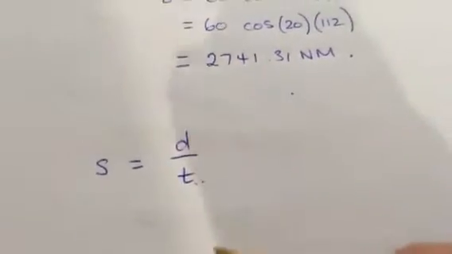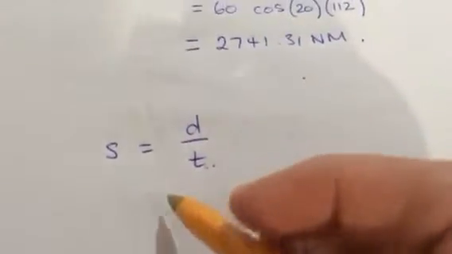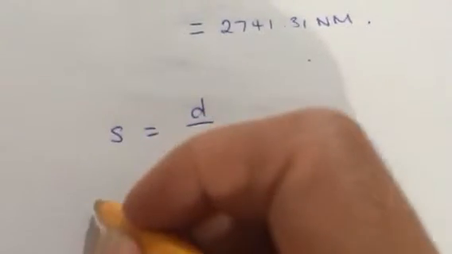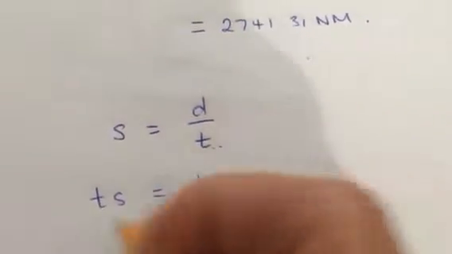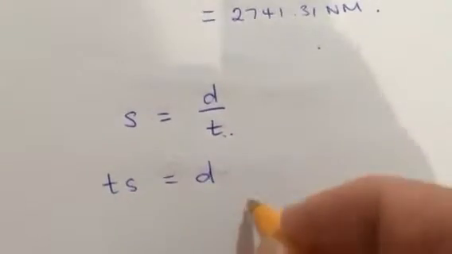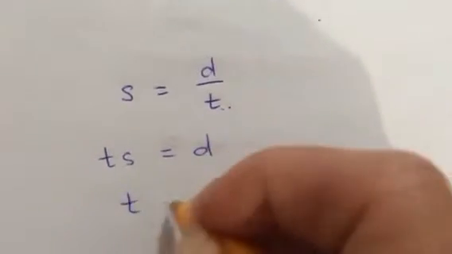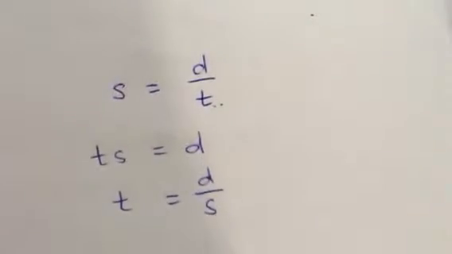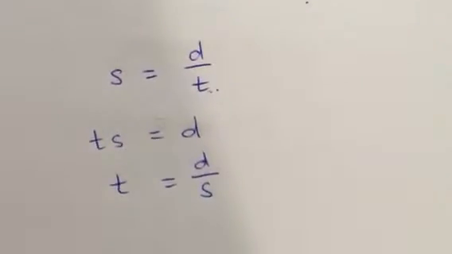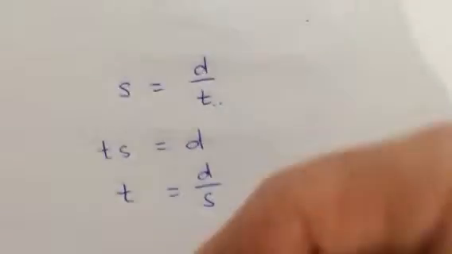Some of you might be taught a few shortcuts, but if you were to do it slowly, I'd multiply both sides by t to get t up the top. Then I want t on its own, so I divide both sides by s. I get time is equal to distance over speed. That makes sense: how far did I travel divided by how fast I was travelling.